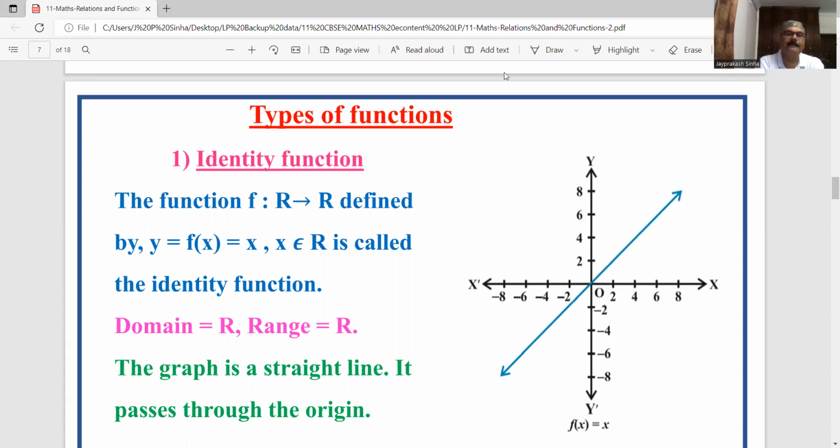First of all, we'll see the identity function. So the function f is a function from R to R, where R is the set of real numbers. So the first type is the identity function.